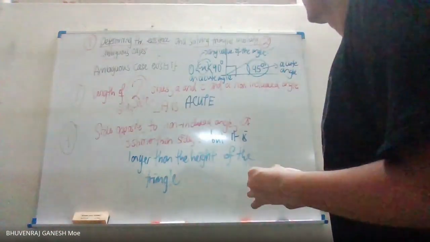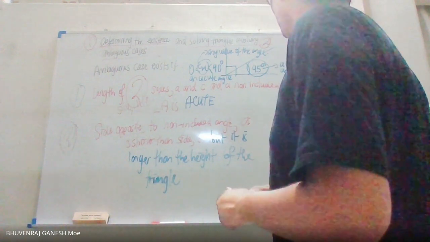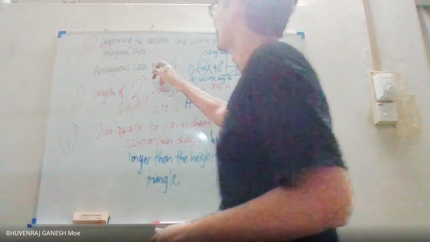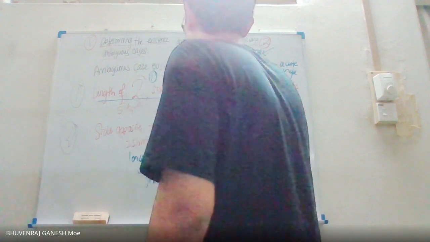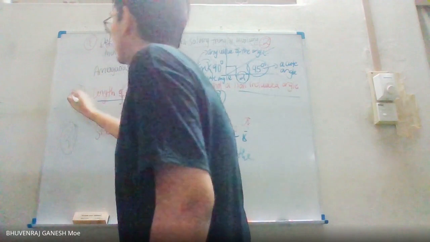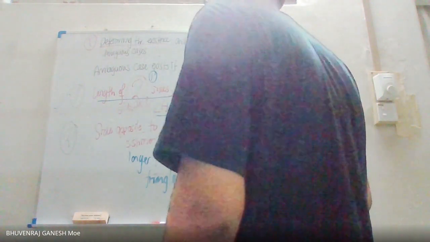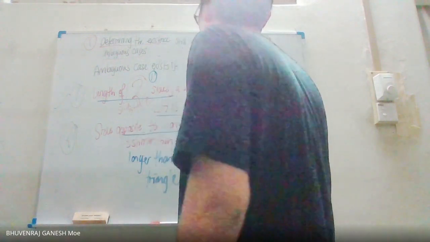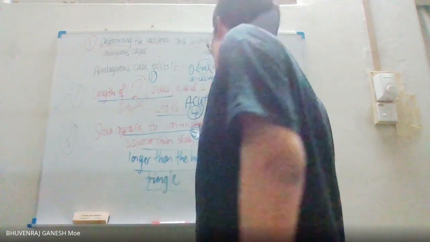Actually, three. They simplified it into two. Length of two sides A and C, this is the first condition. Length of two sides and a non-included angle, second thing, and it must also be acute, third thing for the first part. And then the second part is the side opposite to the non-included angle, fourth condition, shorter than side C, fifth condition, longer than the height of the triangle, sixth condition.